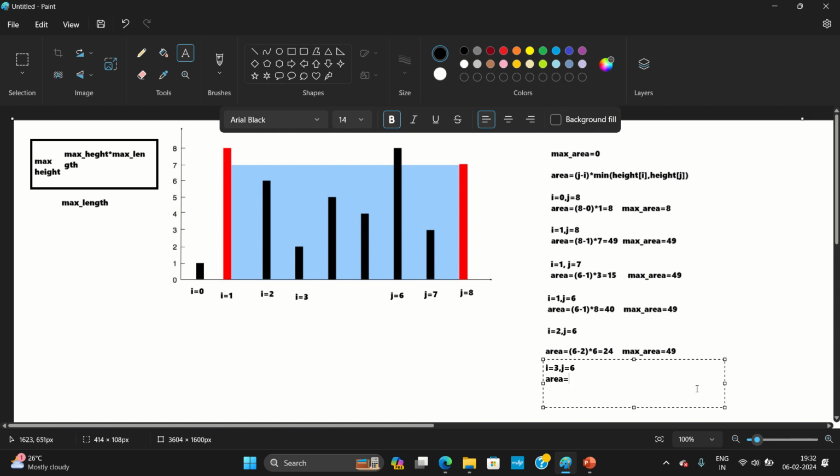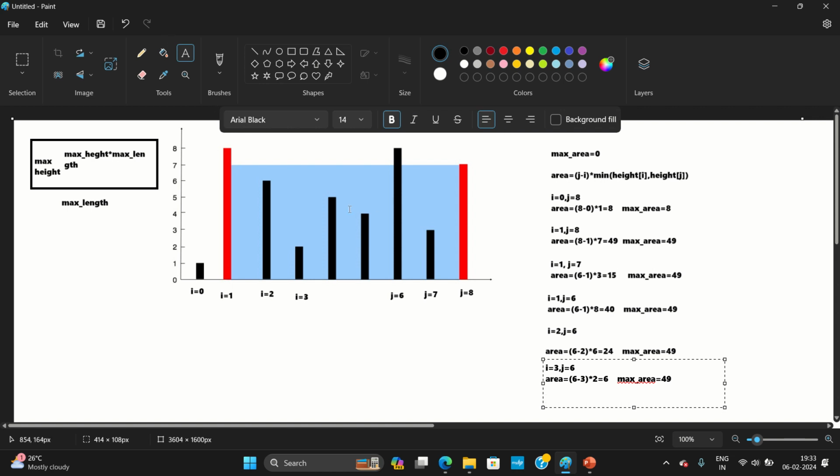Area is equal to 6 minus 3 into the minimum, which is 2, right? So 3 into 2 is 6, and max area stays 49. Fine.